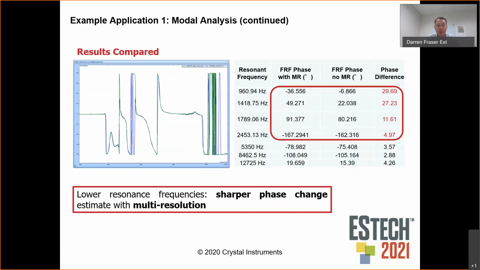There's every indication that a higher resolution is a better way of accurately depicting what's taking place with the test specimen. You'll see there at the 960 hertz, the phase difference is as great as almost 30 degrees. So the take home here: a sharper phase change estimate is provided with this multi-resolution technique.